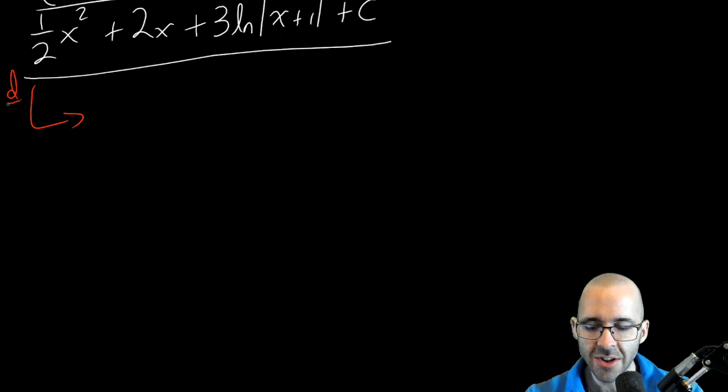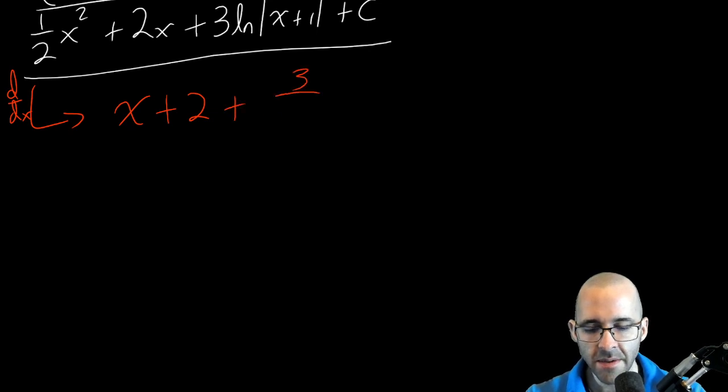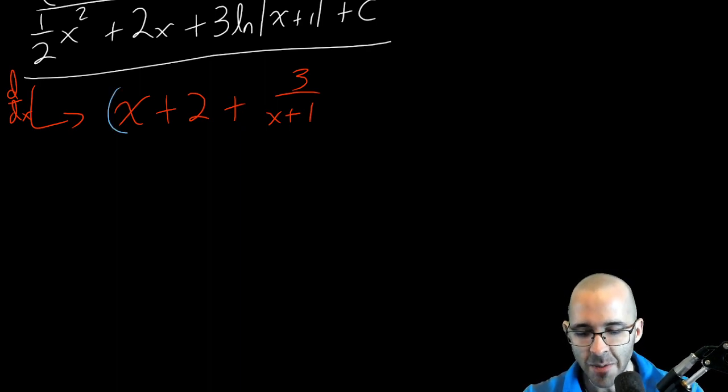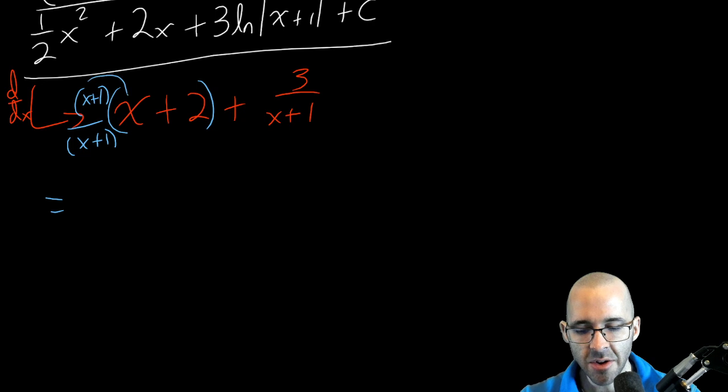All right, so we check our answer. If we take the derivative, we should get our original integrand. Derivative of this is x plus 2 plus 3 over x plus 1. Now we need a common denominator. So we multiply this by x plus 1 over x plus 1. When we do that, we have to FOIL out the numerator.